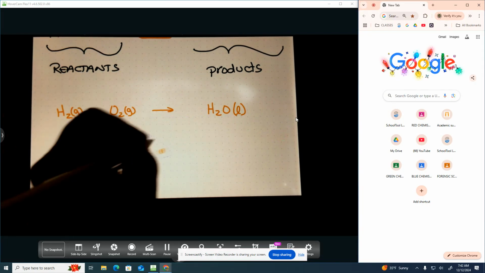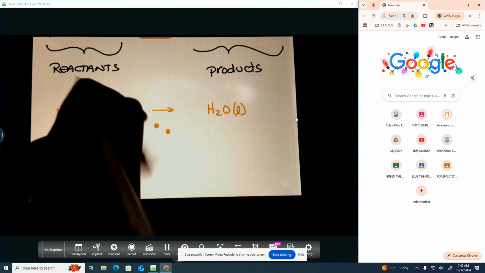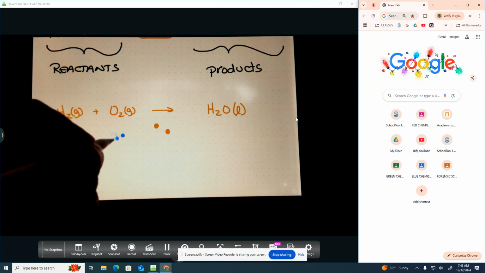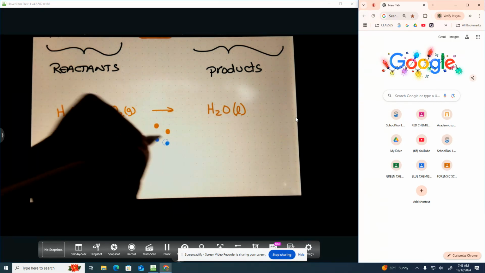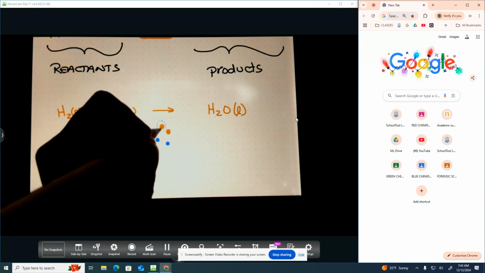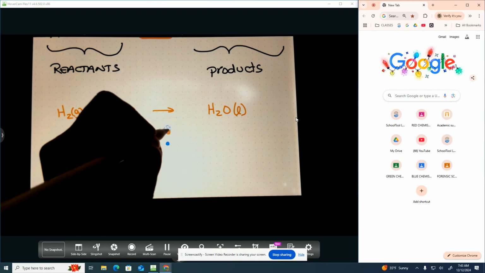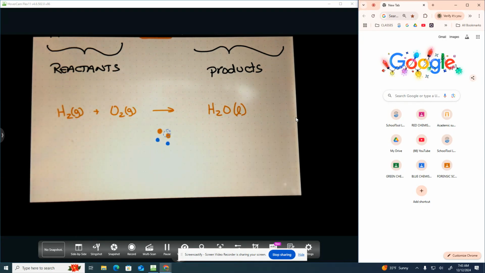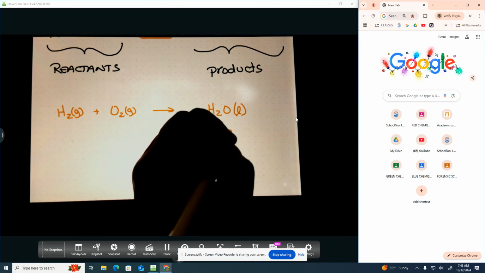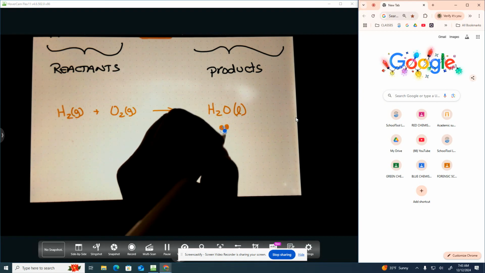When that happens, now they're at the arrow. This is where the magic happens. Oxygen also would have to break apart. And once they get here, now they can mix themselves up, and they can be like, woo, I'm going to go play with my new friends. And then they say, okay, let's make a water molecule.